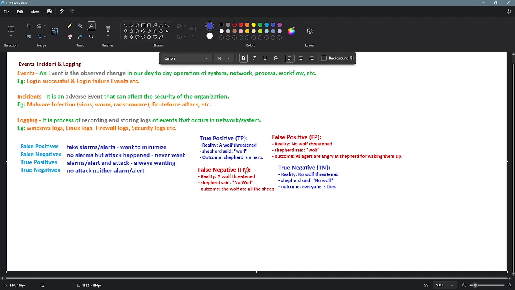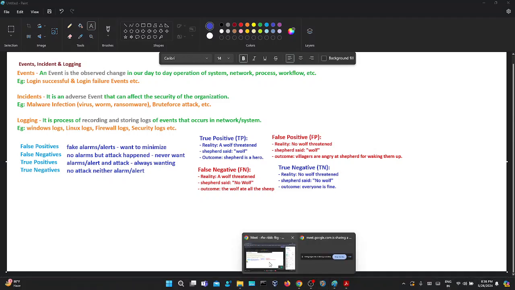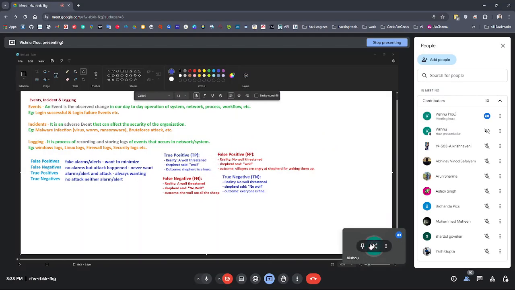After that, there is false negative. There is an attack, but no alert, and the most critical information gets stolen. After that, there is true negative: no attack, no alert, everything is great. You are just taking your tea, that's it. So this is true positive, true negative, false positive, false negative, that's it.